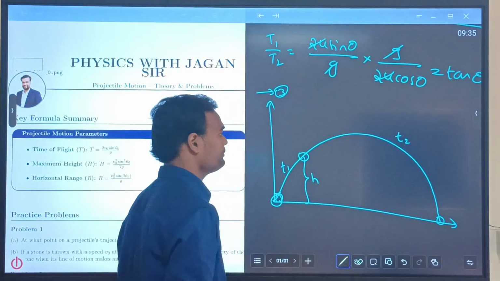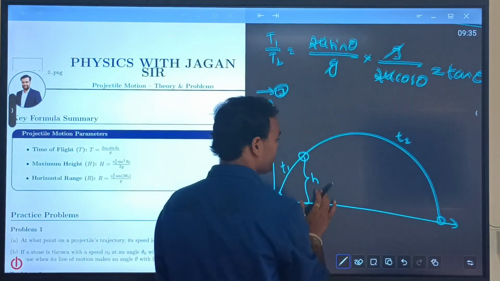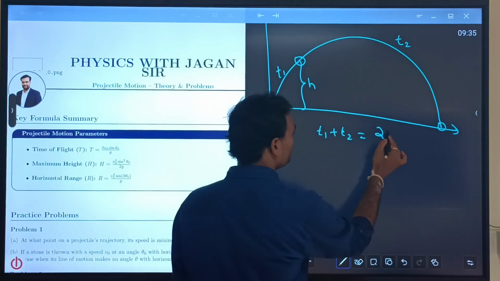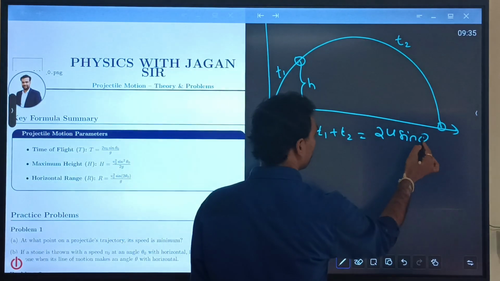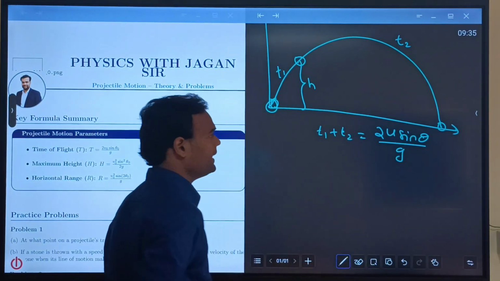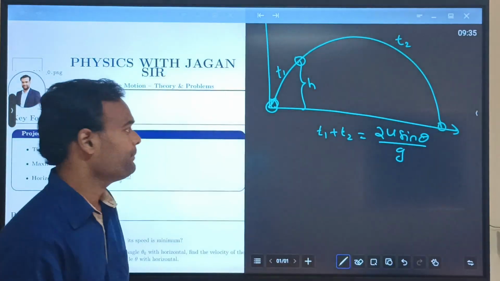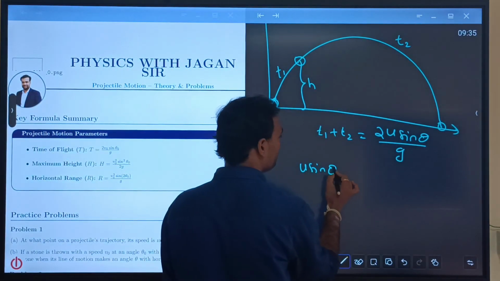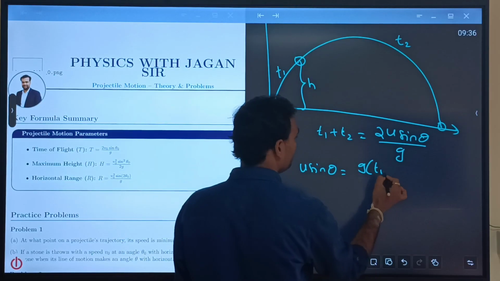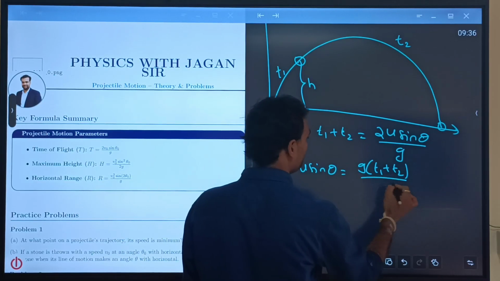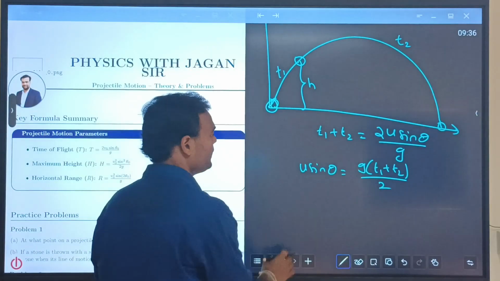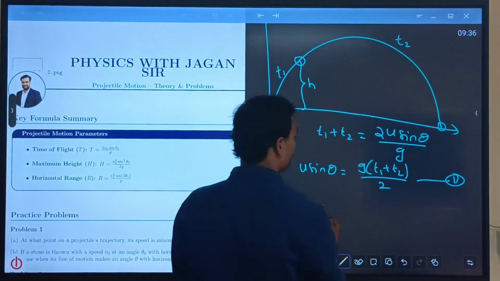The total time of flight is t1 plus t2, which equals 2u sin theta by g. Can I write it like this? Now, from this equation, u sin theta becomes g times (t1 plus t2) by 2. Let it be equation number 1.